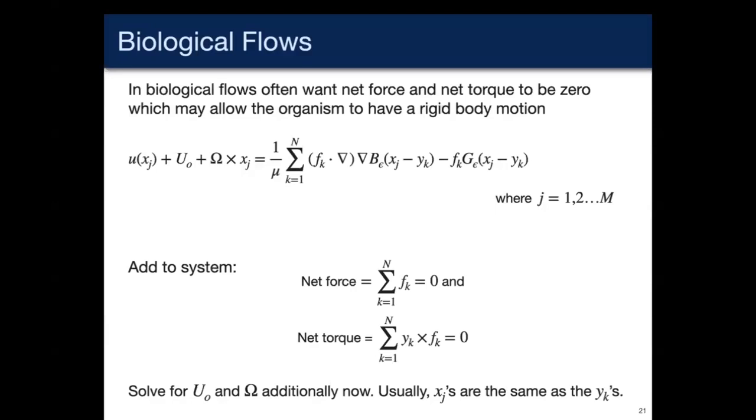This is the same equation we had on the previous slide, but now I just stuck my translational and rotational velocity on this side. And then we say that we want our net force to be 0 and our net torque to be 0. And so we now have 2 more unknowns, but 2 more constraints, and we add those into our system.